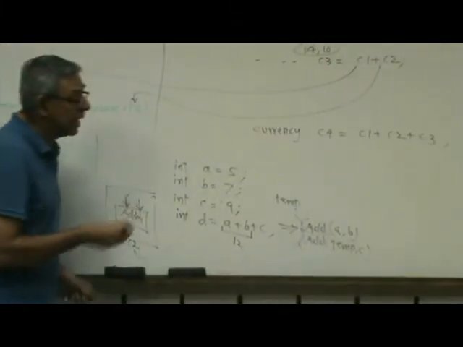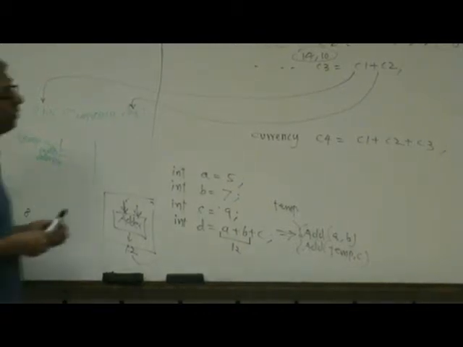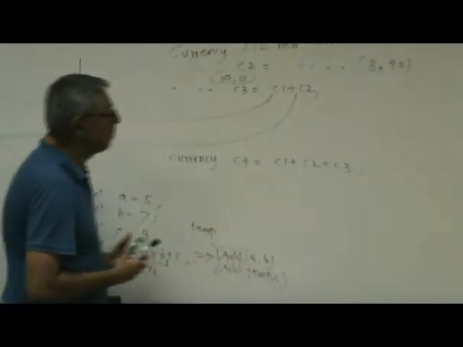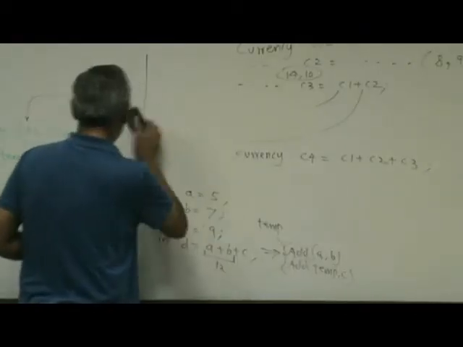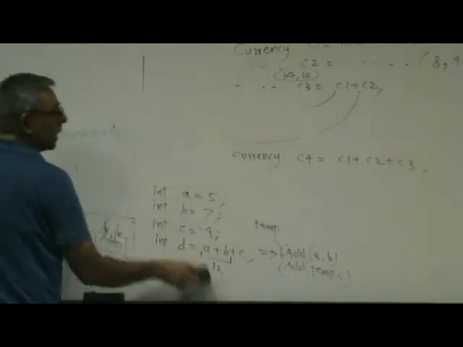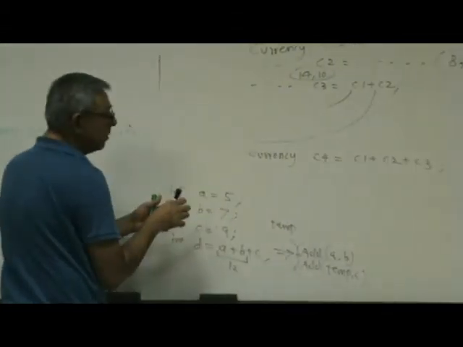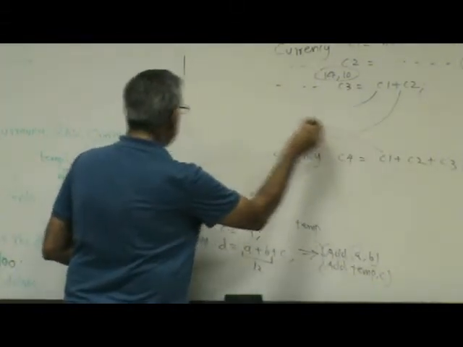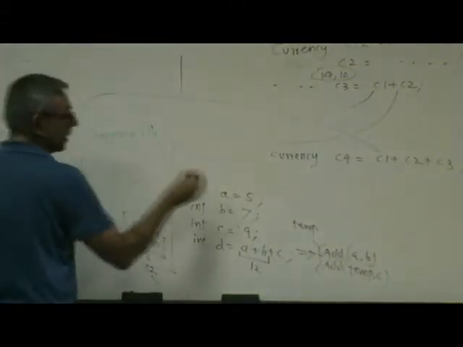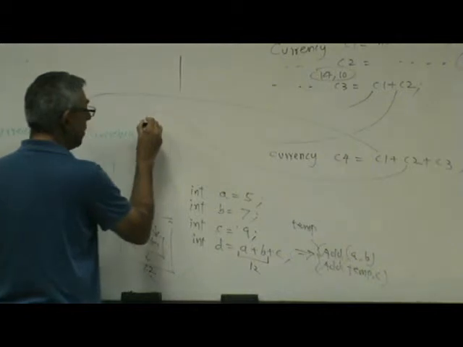But at any point in time, we are only adding two numbers at a time. So same thing over here. Even if we do C1 plus C2 plus C3, what will happen? Let's take a look. C1 plus C2, C1 will be given as the left-hand side, C2 will be given as the right-hand side. So it will compute, in this example, $14.10.